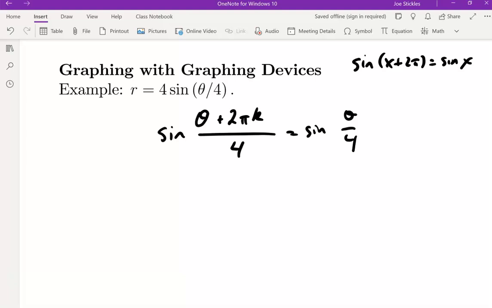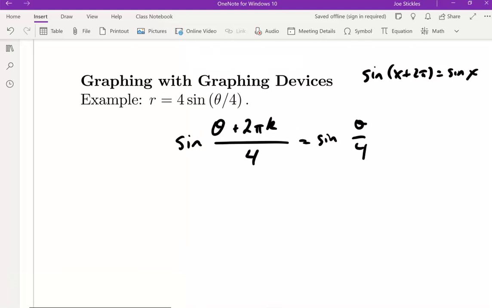Now, using this idea up here, the only way these two things can be equal is if this part here ends up being a multiple of 2 pi. So what do we need?